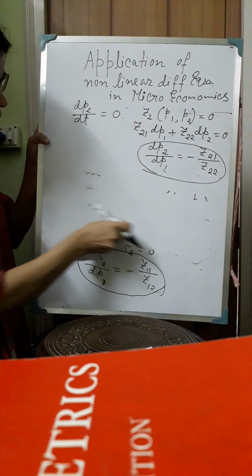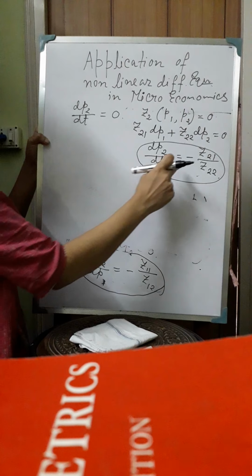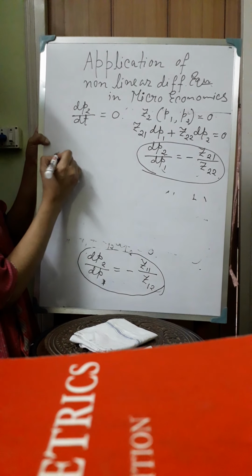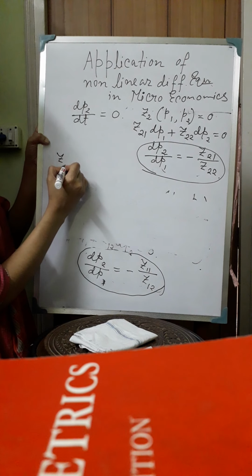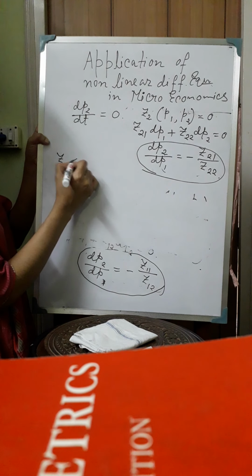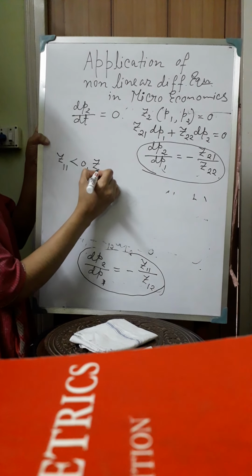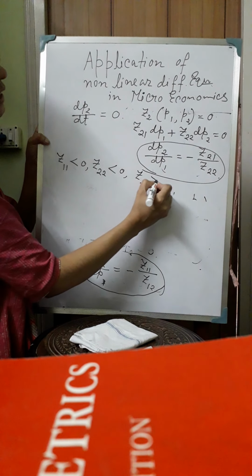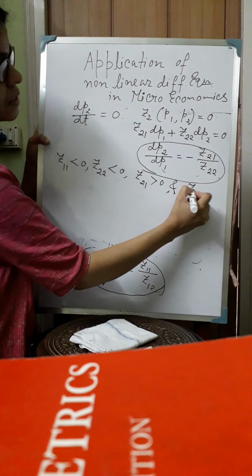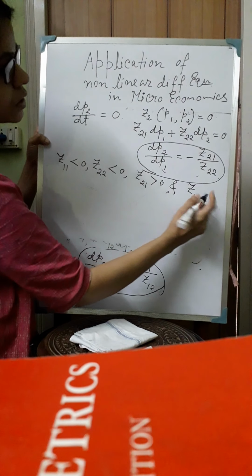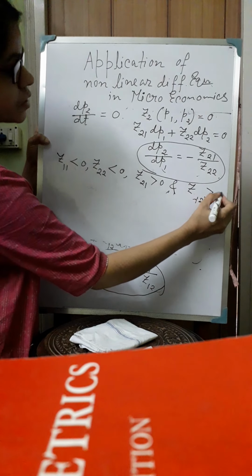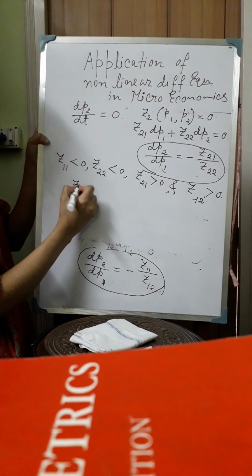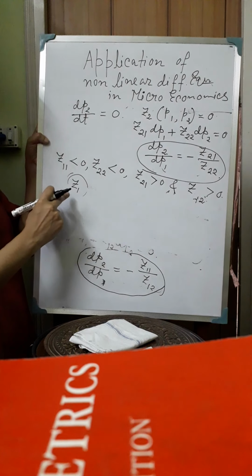Now we have to take certain assumptions about Z21, Z22, Z11 and Z12. Let us consider that Z11 is less than 0, Z22 less than 0, Z21 greater than 0, and Z12 is also greater than 0. What is Z11? Z1 is basically the demand for commodity 1.